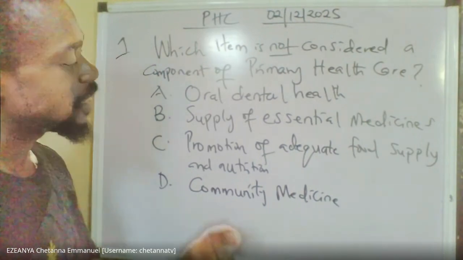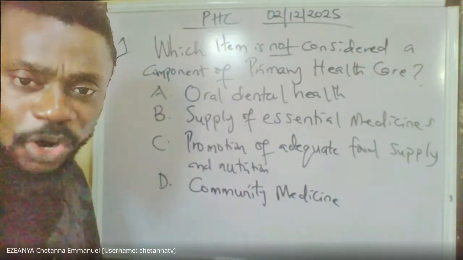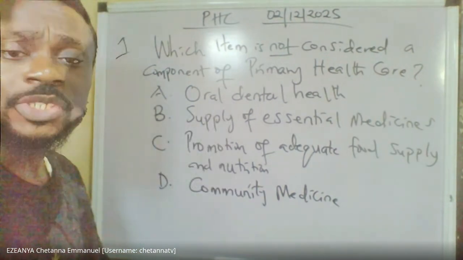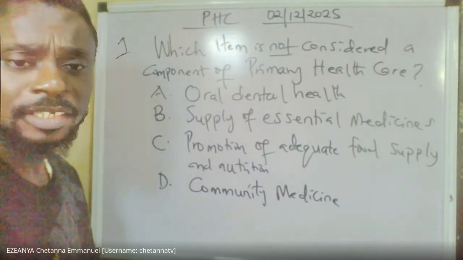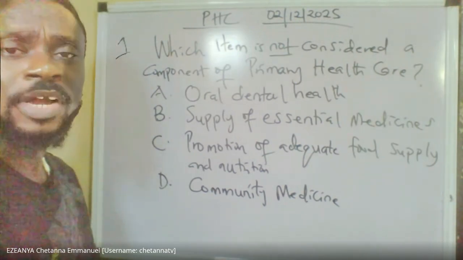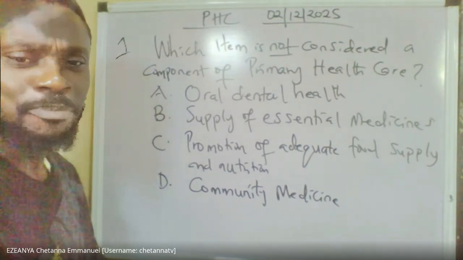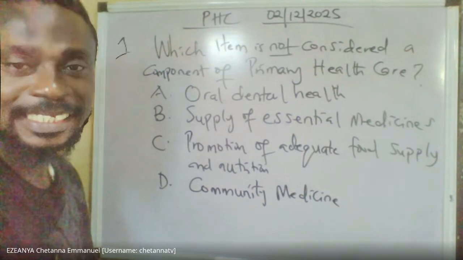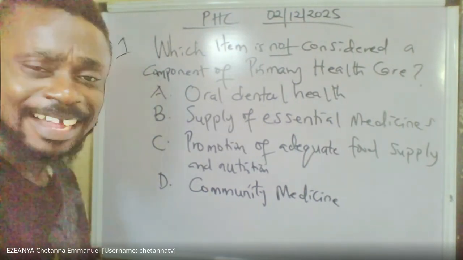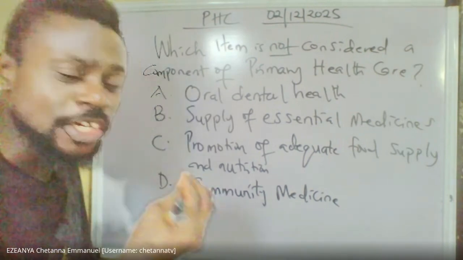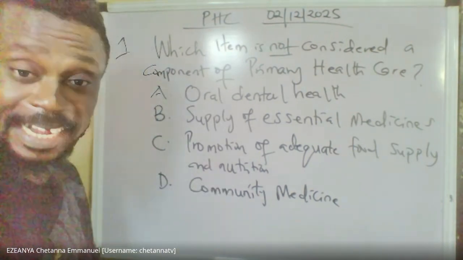Basically, primary health care comprises things like health promotion by talking about nutrition and hygiene. It also encompasses disease prevention, provision of essential medicines, maternal and child health, basic curative services, even oral and dental health.